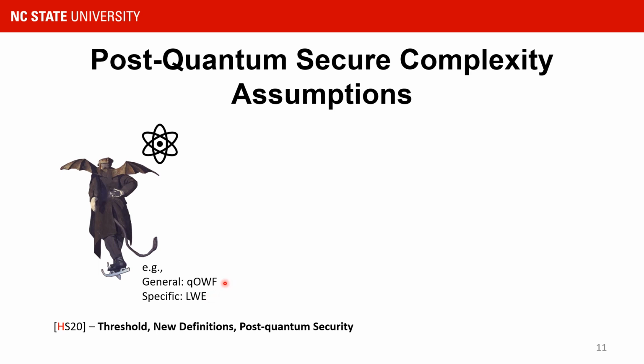On the other hand, I have an example of a general cryptographic assumption, which here is quantum one-way functions. With a general cryptographic assumption, there's no restrictions on the look of the scheme or protocol, so to speak. We don't use the structure. We're only using this kind of tool generically.